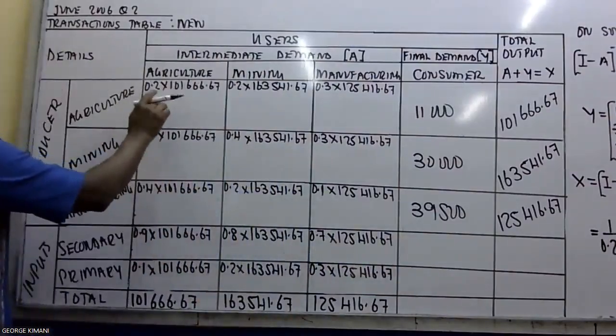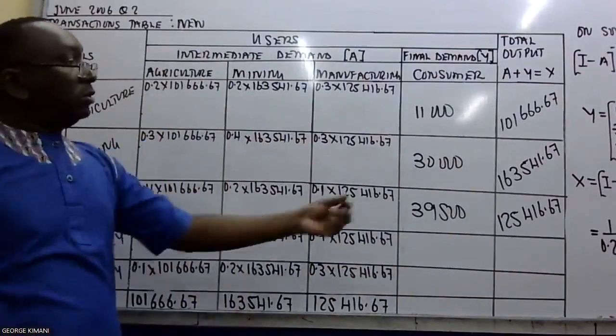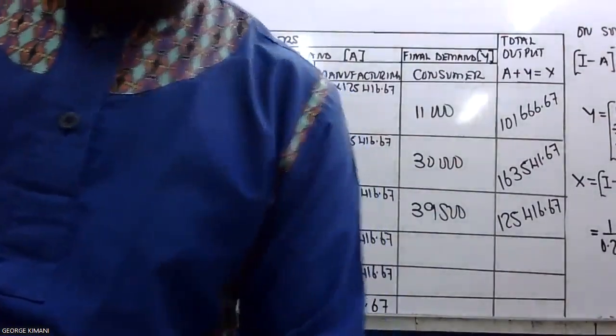So get the answers while ujaze huku. Ujaze your table afresh. Then pick up from there.